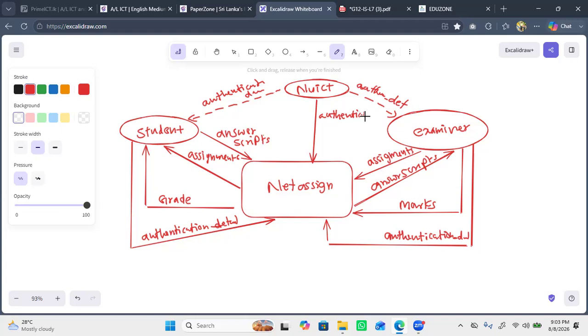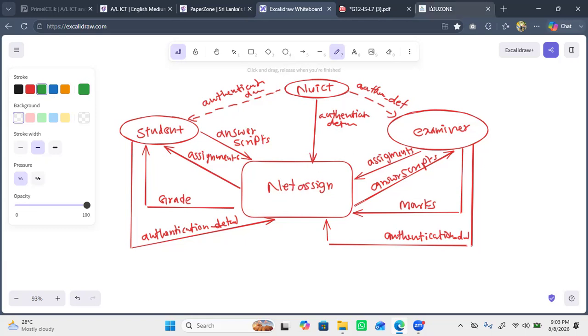Authentication details to the system were entered by the NUICT. Only then did they give the same authentication details to the students, and only then are these authentication details valid in Net Assign.